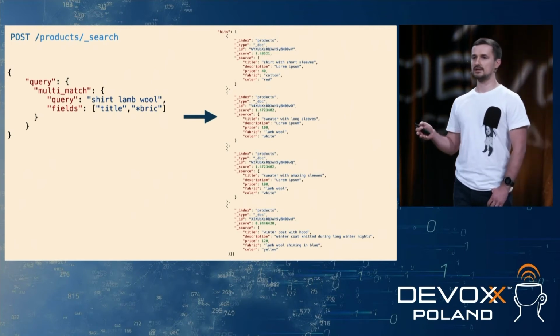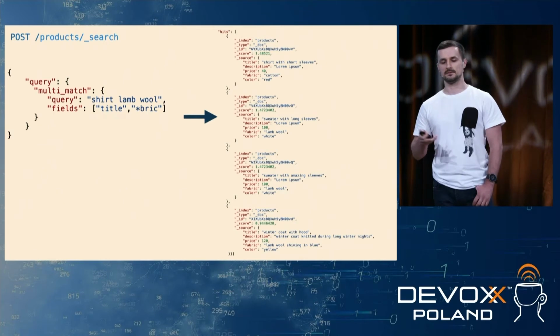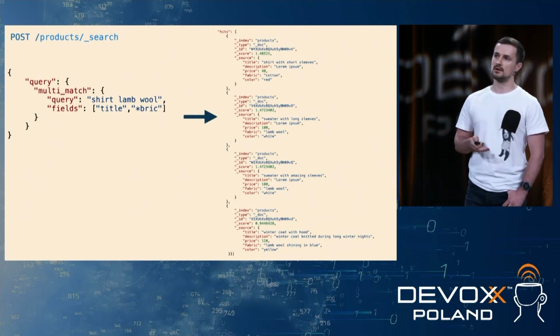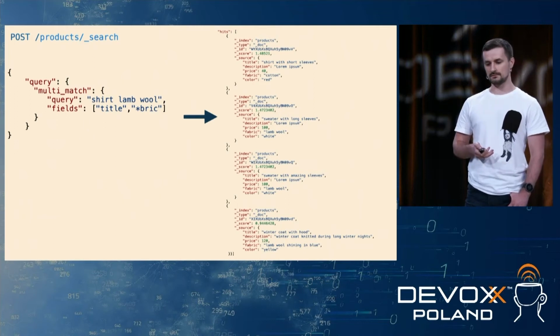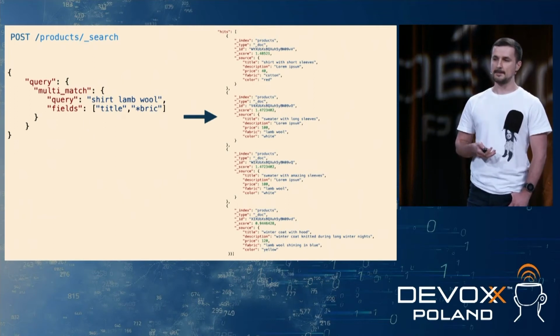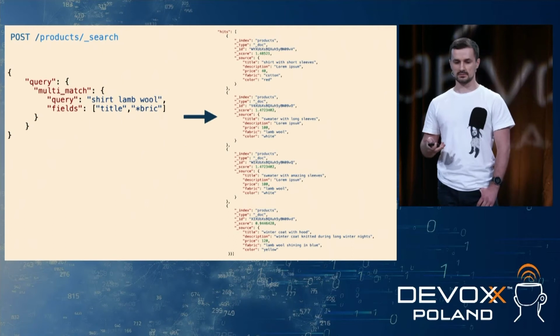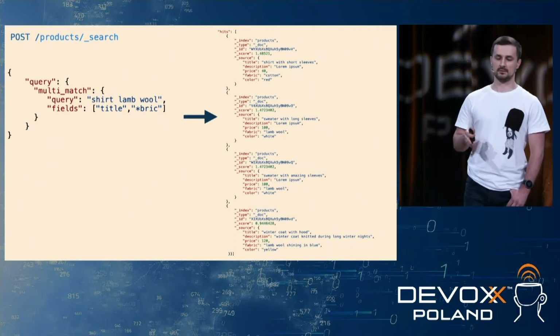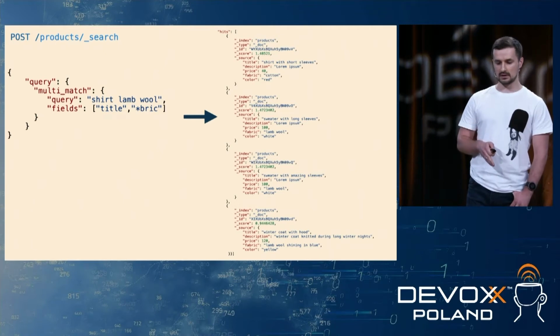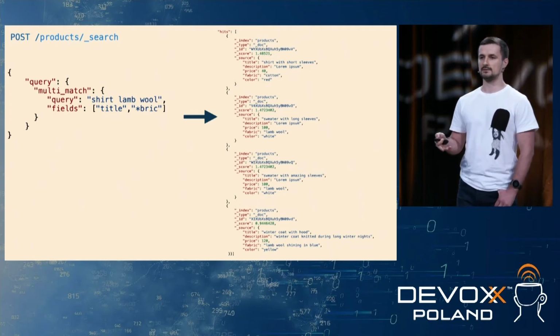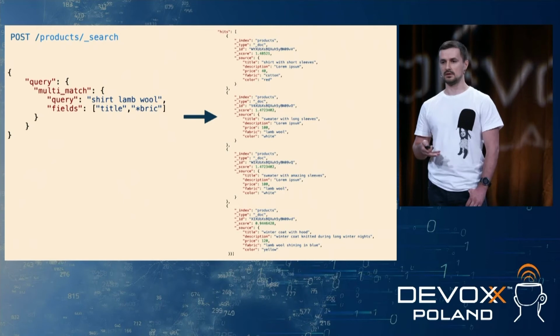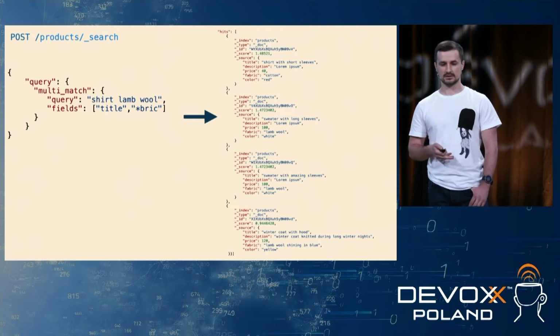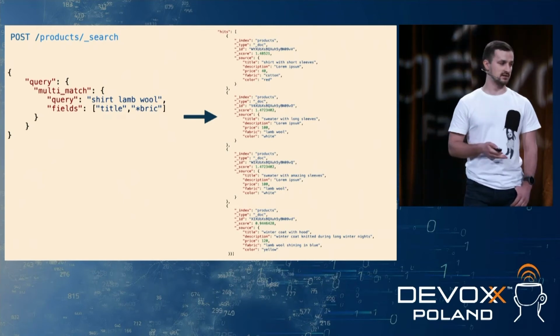But if we had more fields that end with fabric, they would also be queried. So here we can see that we get the shirt because it's in the title, and 3 products made of lambswool, and among them 1 made of lambswool shining in blue. So that seems nice for now.